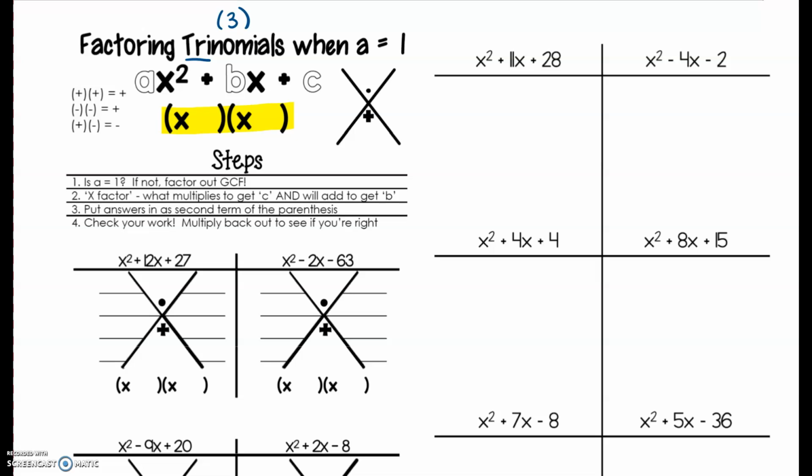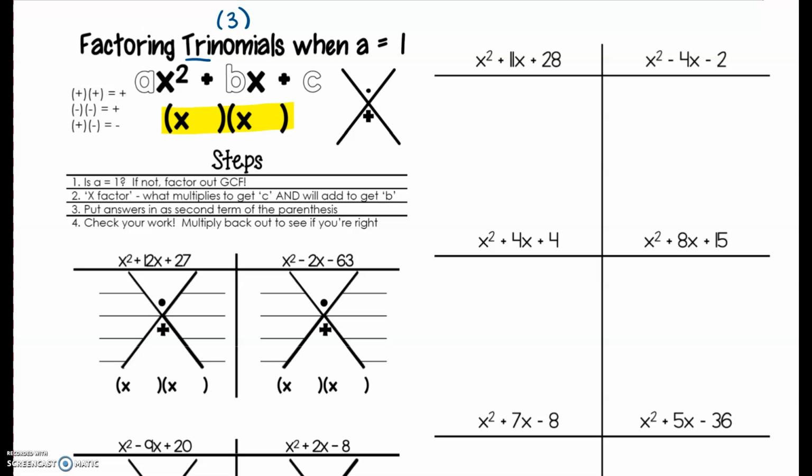I consider this to be a double bubble step. I'm setting up two sets of bubbles, two sets of parentheses, and this x, or whatever variable it may be, will go first in each parenthesis. The rest of it has to do with the two factors that will get us b and c.